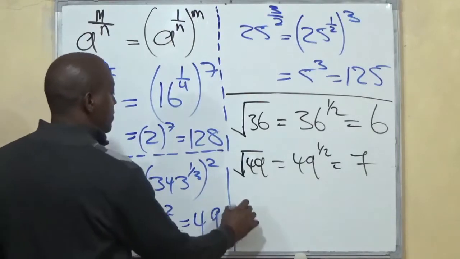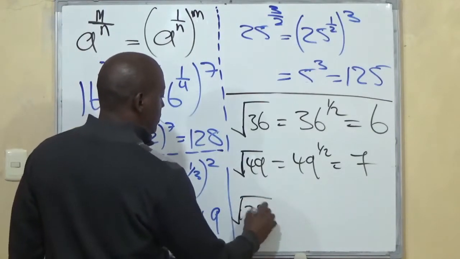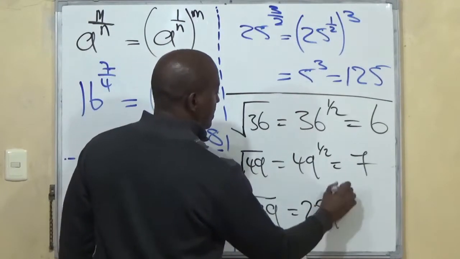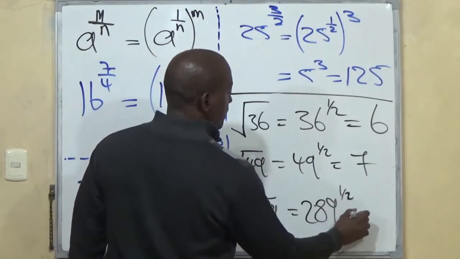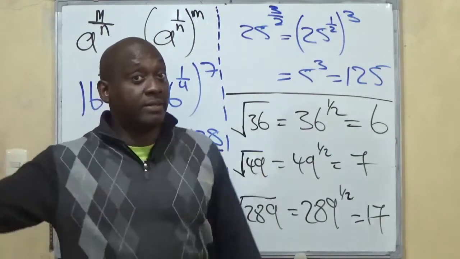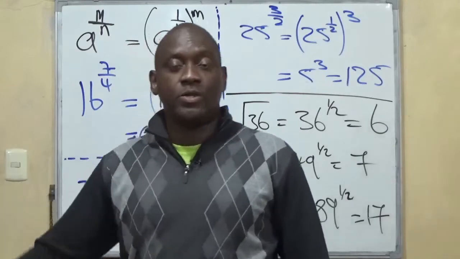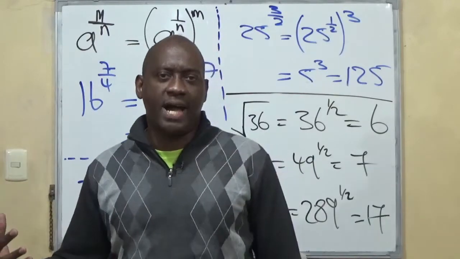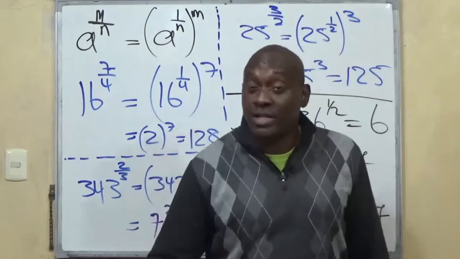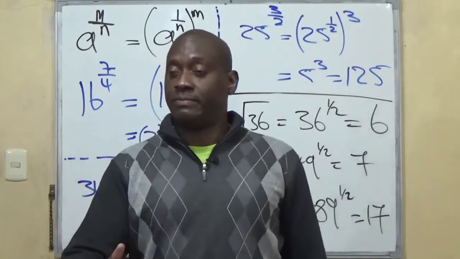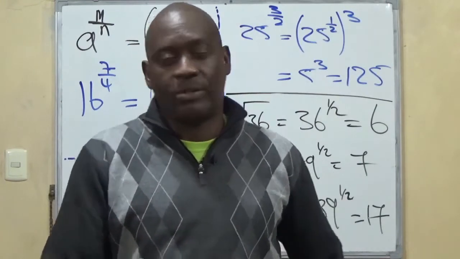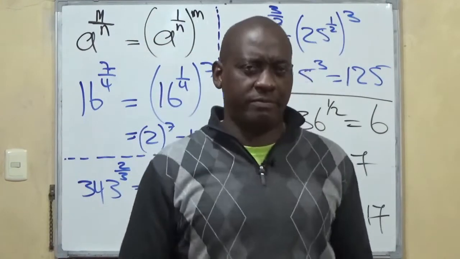And you could say that the square root of 289 is 289 to the power of a half, which is equal to 17, etc., etc. Right? So 196 to the power of a half is 14. 225 to the power of a half is 15, because 15 squared is 225.